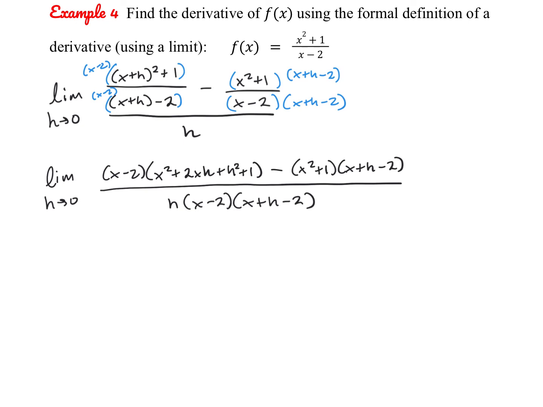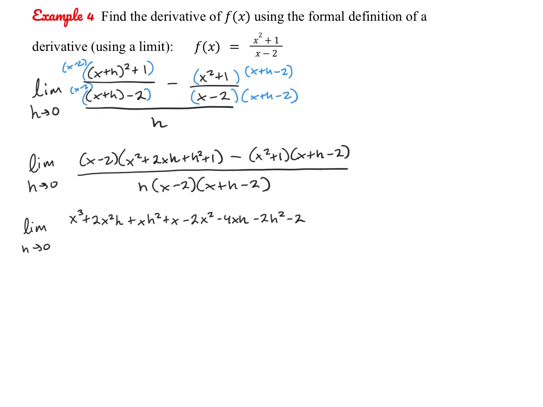So from here, we really just need to start multiplying it out. So this step is a little bit tedious, but we just got to work through it. So here we have x cubed plus 2x squared h plus xh squared plus x minus 2x squared minus 4xh minus 2h squared minus 2. And then we also need to multiply this out.